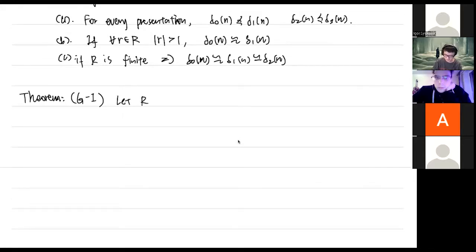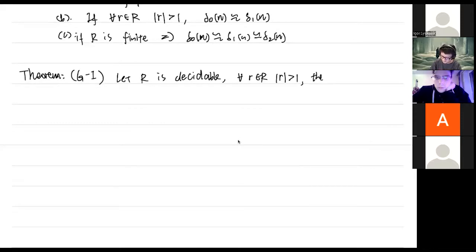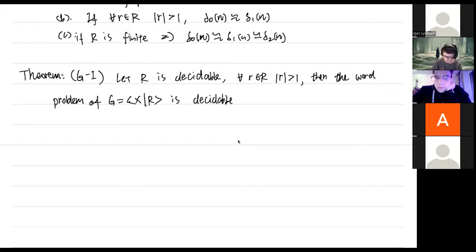If the set of relators is decidable, and of course we assume that every r in R has length at least 2, then the word problem of this group G is decidable if and only if the Dehn function is computable.